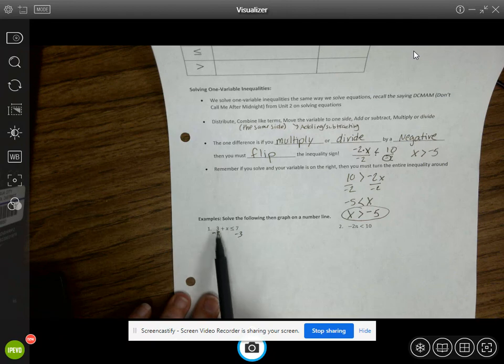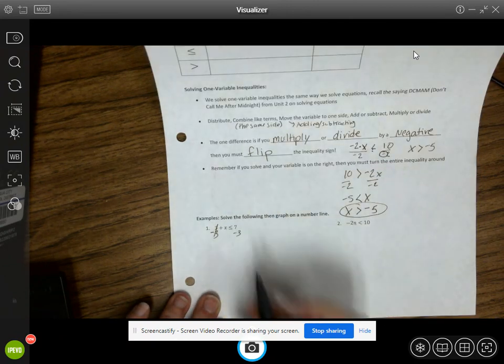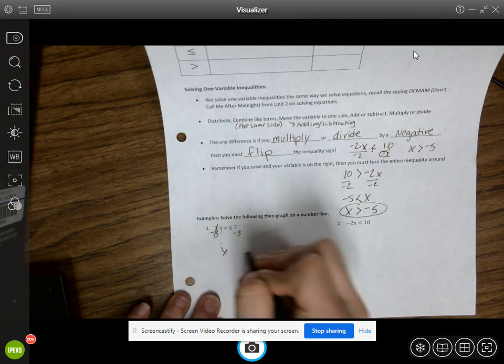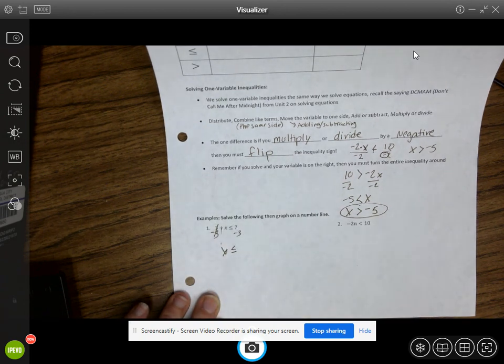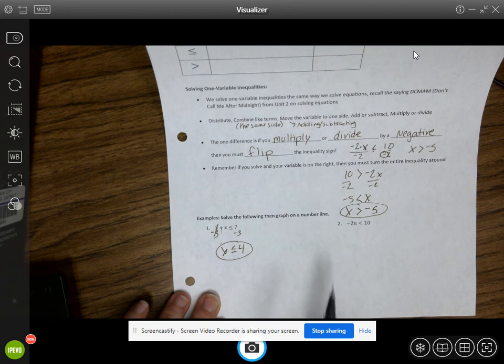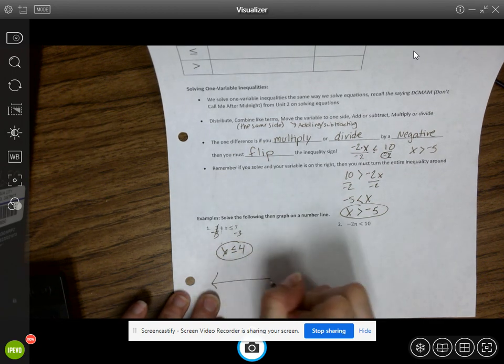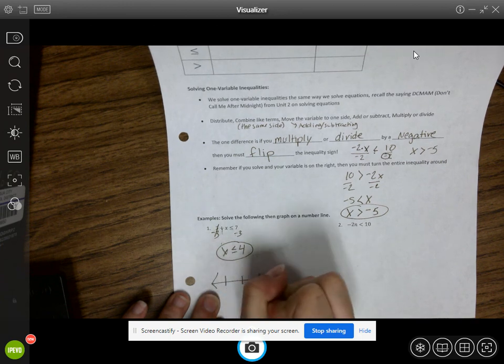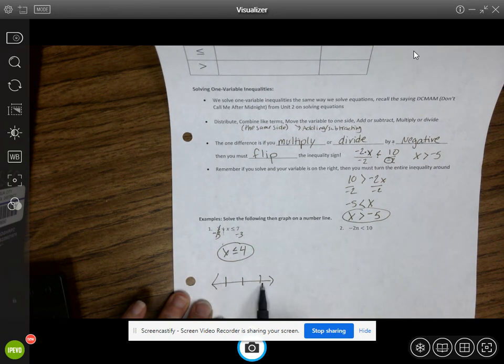3 minus 3 is 0. Leaves me with a positive x. My sign stays the same. 7 minus 3 is 4. And there's my answer. X is less than or equal to 4. Now it says I want to graph on a number line. You can just put 3 numbers here.